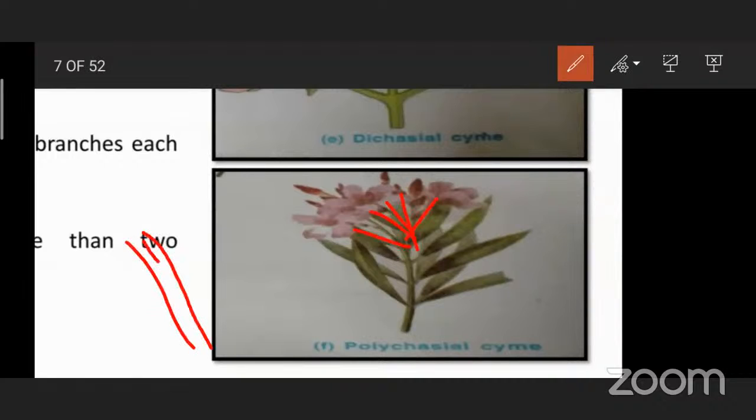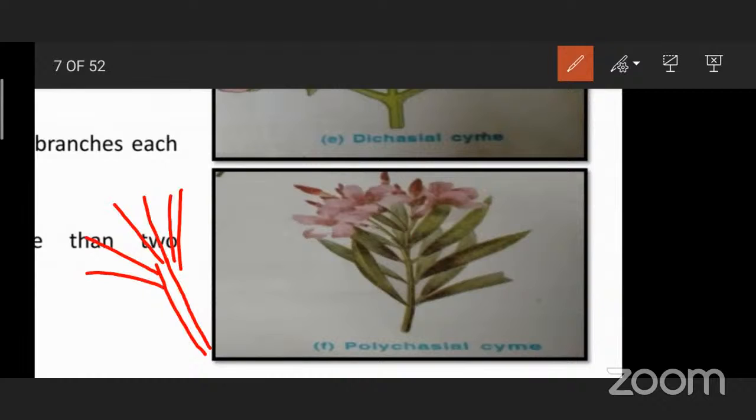This is the main axis, peduncle. It forms more than two branches each time. So this is known as polychasial cyme. Example, Nerium.